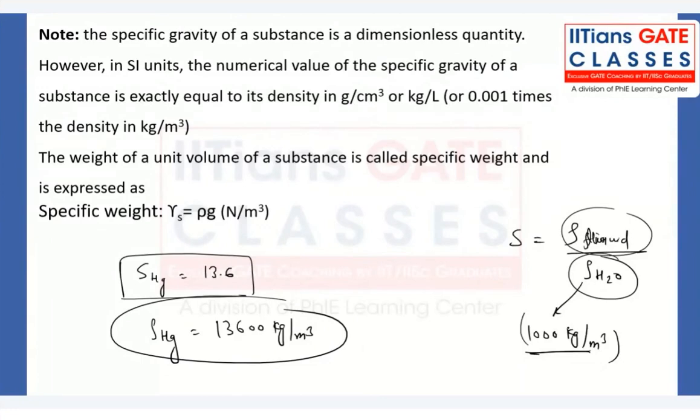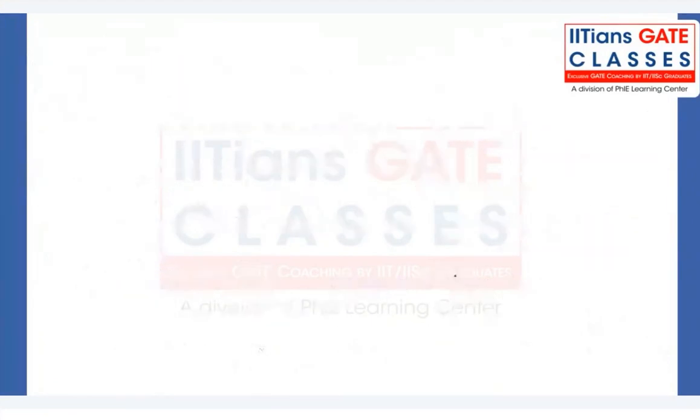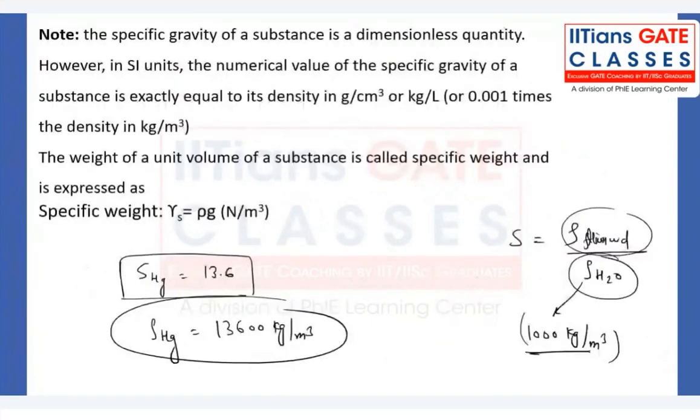Now, weight density. We have to understand the meaning of weight density. Weight density we also call specific weight. Note down. The weight of a unit volume of a substance is called specific weight or weight density.